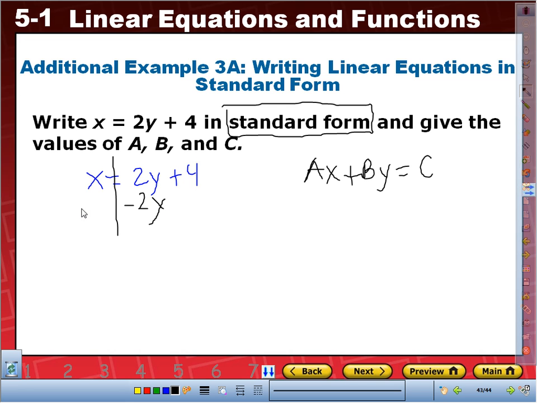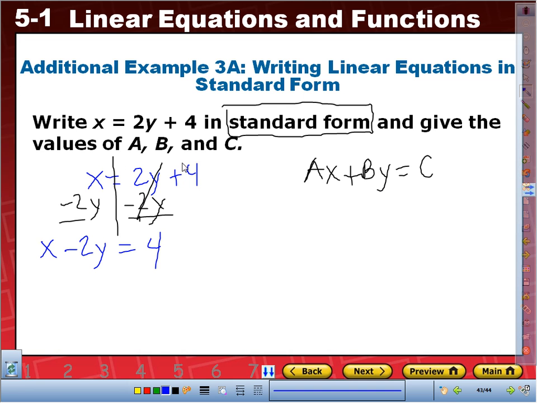Subtract 2Y. What do I write first, the X or the Y? X, and then minus 2Y equals 4. So now, does it look like this? Yes. X is first, and then Y.